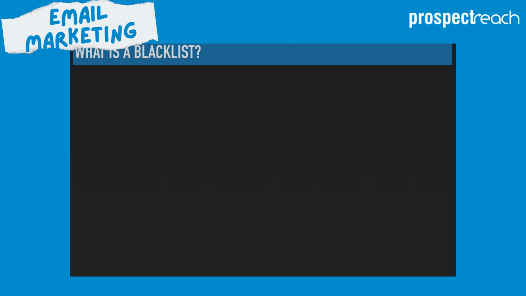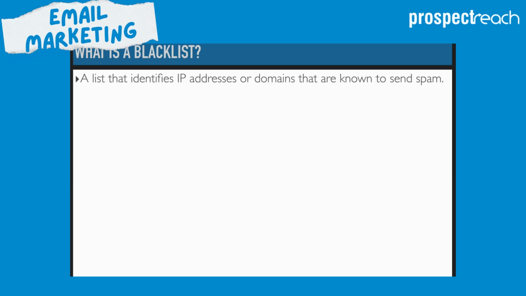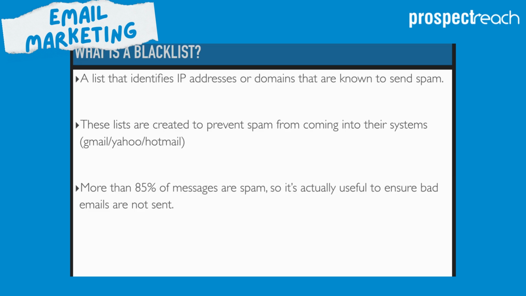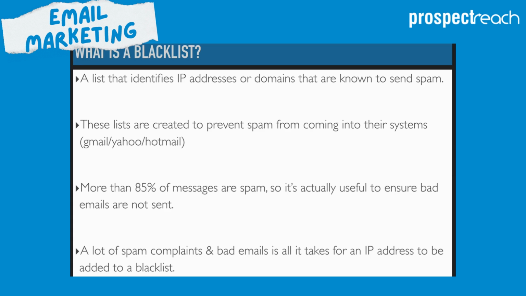So what is a blacklist? Well, a list that identifies IP addresses or domains that are known to send spam. These lists are created to prevent spam from coming into their systems, Gmail, Yahoo, Hotmail. More than 85% of messages are spam, so it's actually useful to ensure bad emails are not sent, as we just talked about. And a lot of spam complaints and bad emails is all it takes for an IP address to be added to a blacklist.